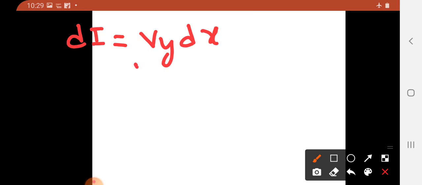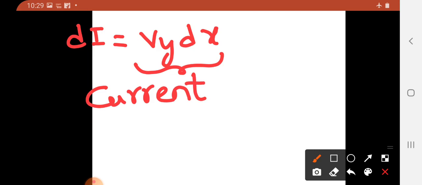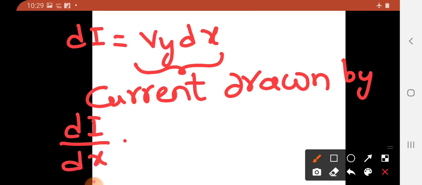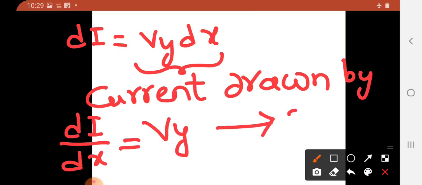Now what is this? v y dx is the current drawn by the element. From this equation we can write di by dx is equal to v into y. Now we assume this equation as equation 2.